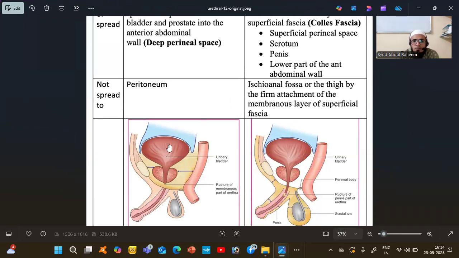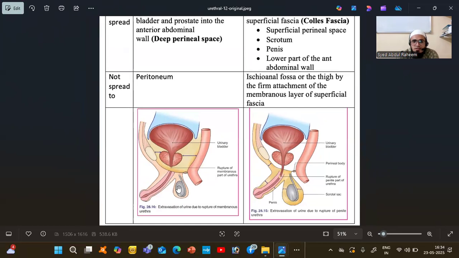This is the urinary bladder, this is the urethra. These are the ligaments which hold, this is the anus, and this is the testis. This is the urethra.